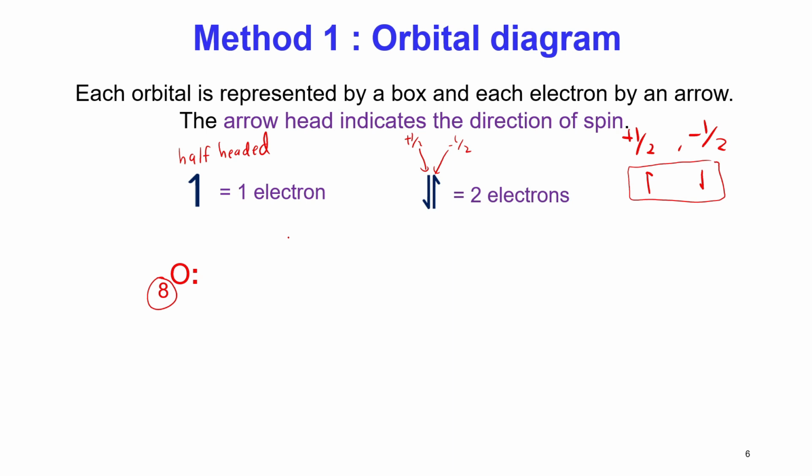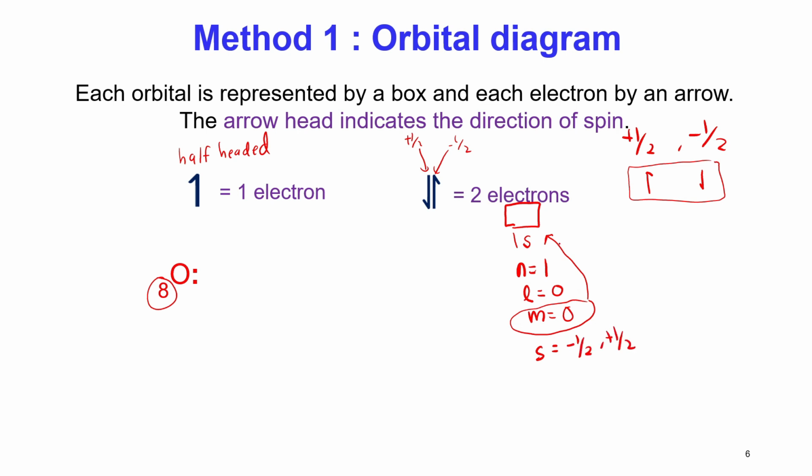So remember we have the 1s orbital. For the 1s orbital, we have one box. n equals 1, l equals 0, that's why namanya 1s. m equals 0. So this value of m represents how many boxes we need to draw. We have two values of s, negative half and positive half.